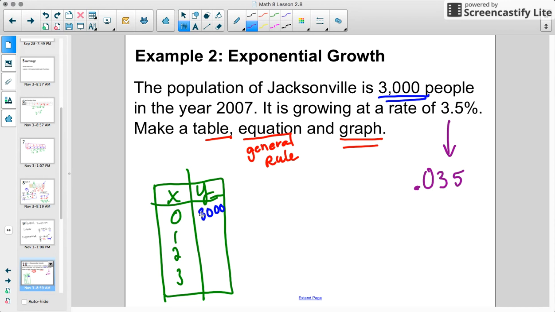And if we want to see how 3,000 increases by 3.5%, we actually need to do 3,000 times 0.035, okay, which would be 105, and then we're going to end up adding the 105 to 3,000.